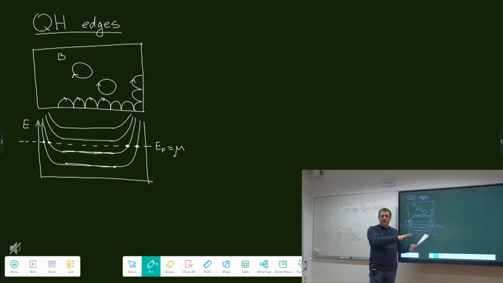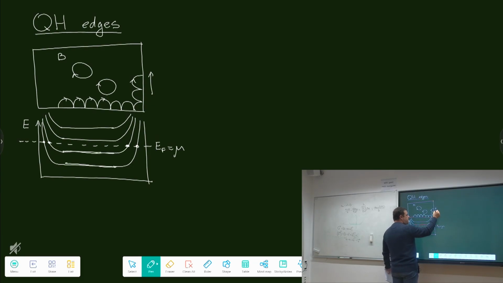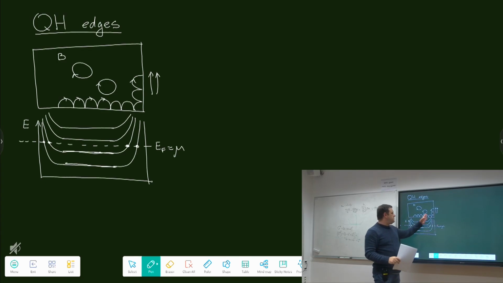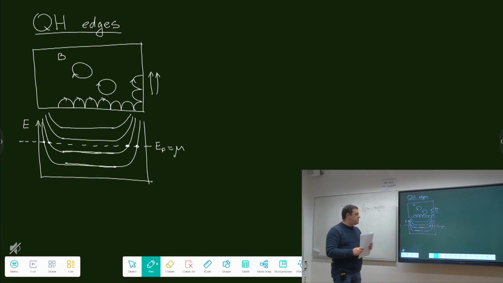The number of filled levels in the bulk is the same as the number of edge modes. All these edge modes propagate in the same direction. In this picture, they propagate like this, counterclockwise. So for example, if we fill 2 of them, there will be two channels, 2 different types of states that propagate, and actually they look exactly like Landau levels. I mean, this part is the same as in the bulk, but they just skip like that.